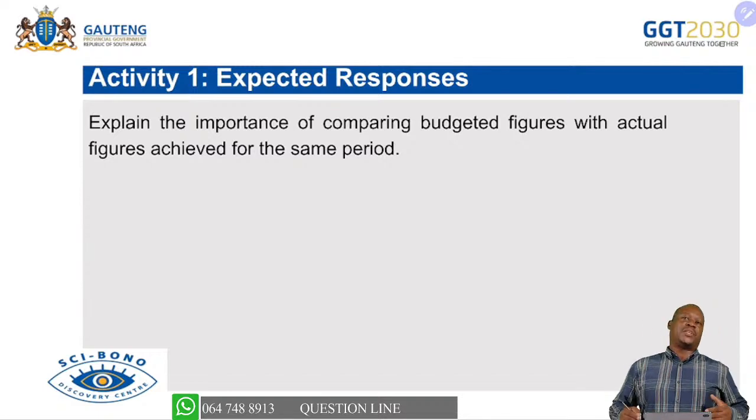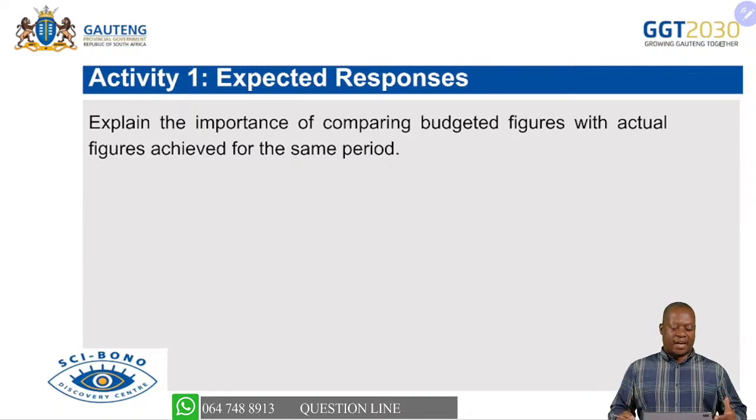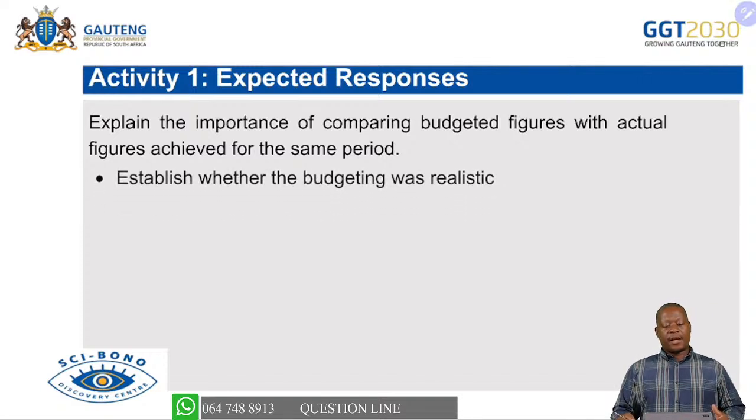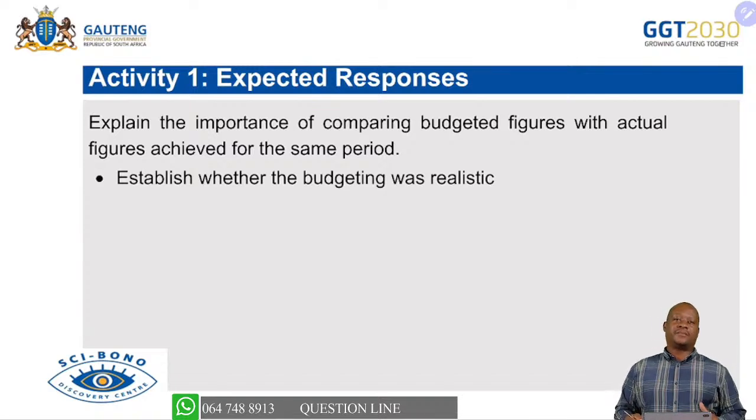Now let's go through the questions. Explain the importance of comparing budgeted figures with actual figures achieved for the same period. It helps us to establish whether the budgeting was realistic. Say you are going to spend 2,000 on the telephone for the month in your budget.